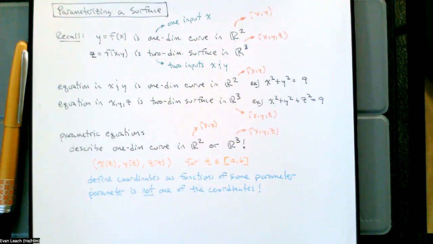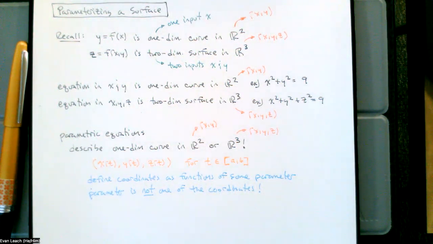So the parametric equations that we've worked with so far, we wanted to describe a one-dimensional curve specifically in R3, but we started off by describing them in R2 because this stuff is backwards compatible. So we want to think about where the R2 and the R3 come from.